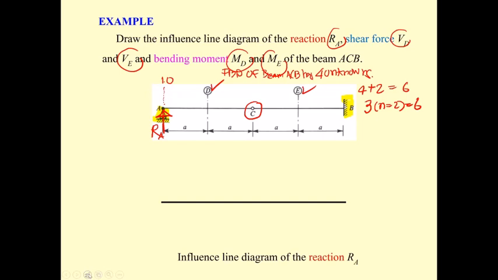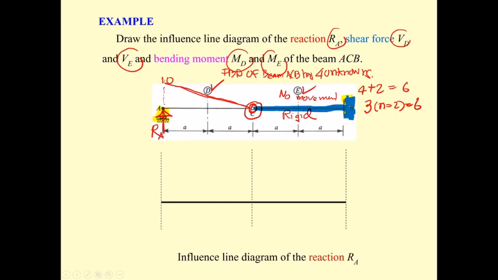The problem is the portion of this beam is going to be fixed at B, and the beam is rigid. What happened is we have the hinge here, so this portion of the beam has no movement at all, so only this portion is going to move.